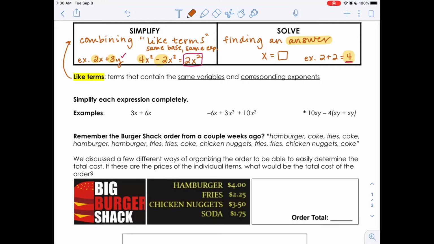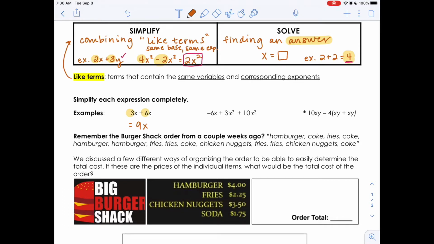We ask ourselves, are these like terms? Well, yes, I have an x and an x. I have 3 x's plus 6 more x's. And what do I get? I get 9x. You combine, those are called coefficients, the number out in front.